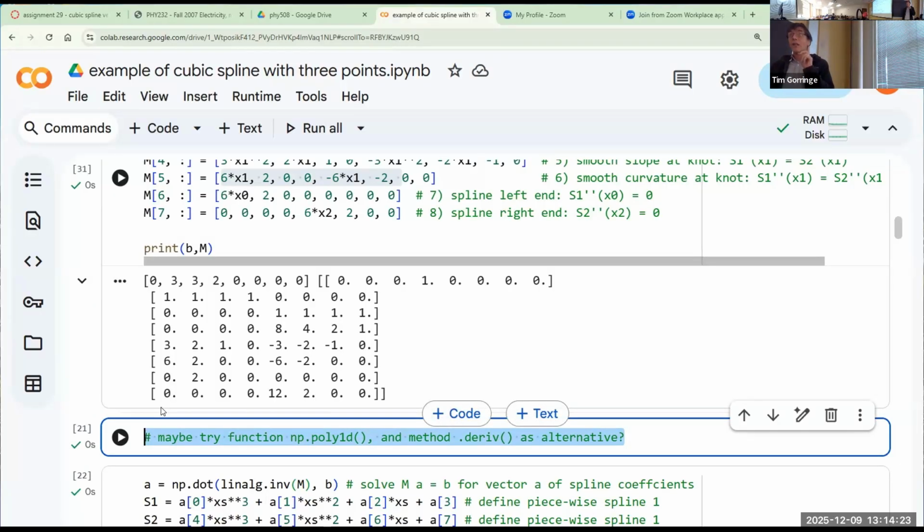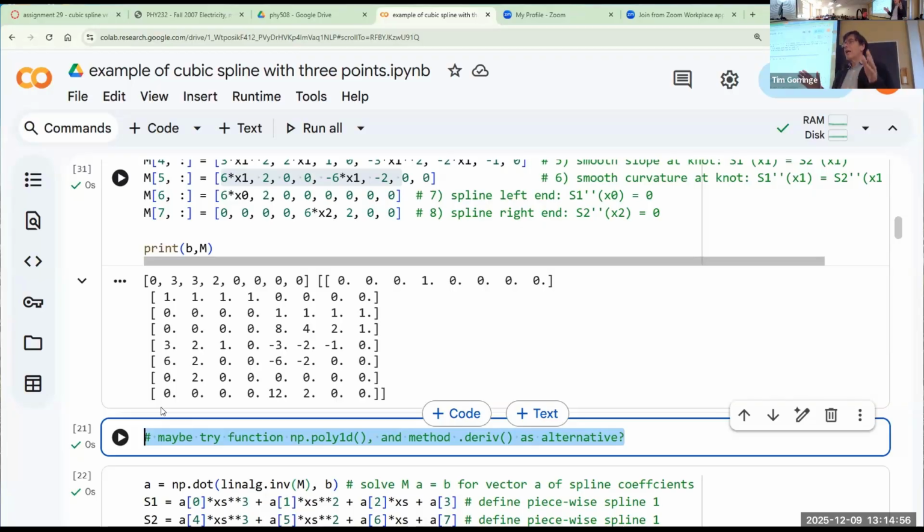We talked in the last class about these polynomial objects in NumPy. So you can make an object that is a polynomial. You could make an object that is spline 1 on the left-hand side, an object that's spline 2 on the right-hand side. Those polynomial objects have methods that you can use with them. We looked at some methods for printing them, for getting the coefficients, but there's methods for the derivatives of them.